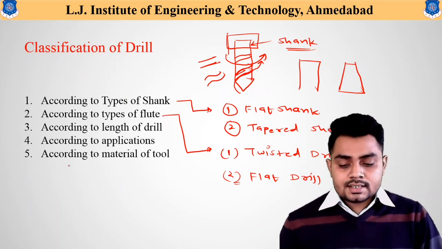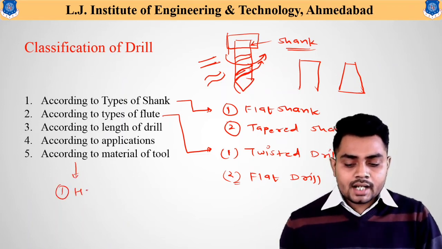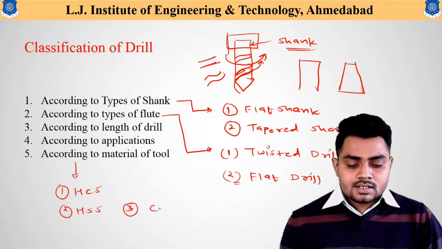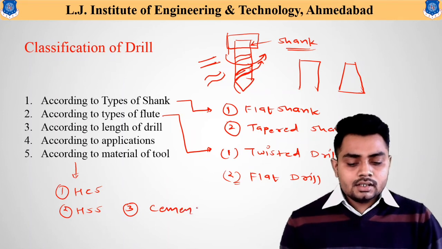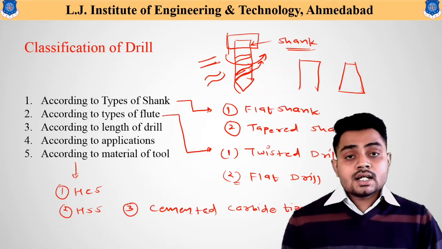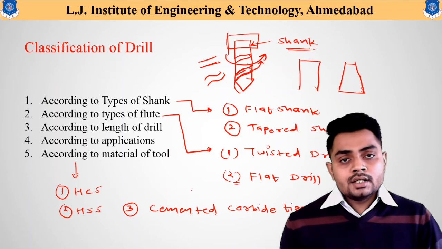Suppose we take an example: drill bits are sometimes made of high carbon steel, high speed steel, cemented carbide tipped steel, cemented carbide tipped tool. So these are the different materials from which the drill bits are made.